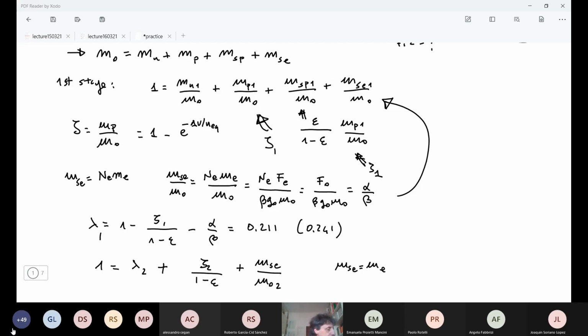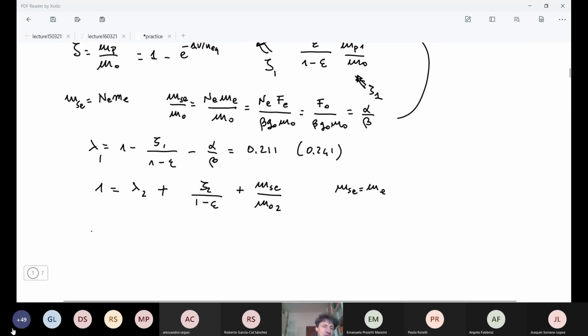And from here I can write my ratio MSE over M02, that will be expressed in terms of, let's say, MSE over M0, M0 over M02, and the first term will be, we say that this is ME, so it means that it is FE over G0 beta.